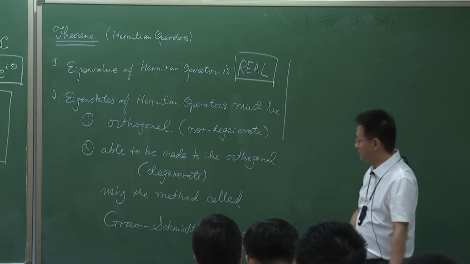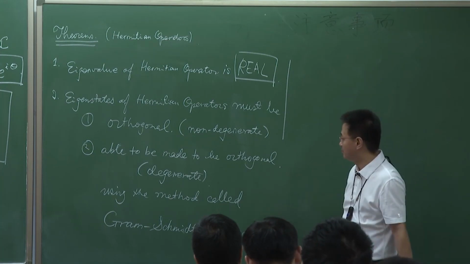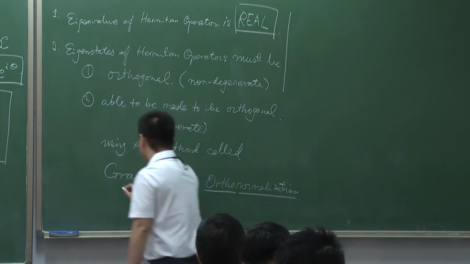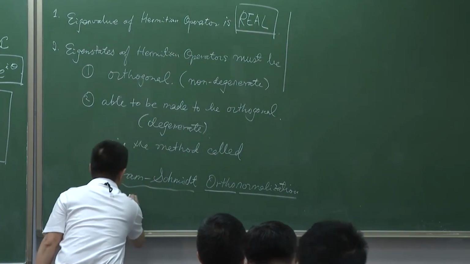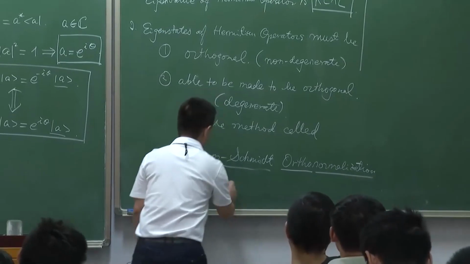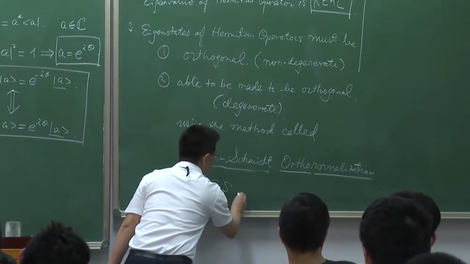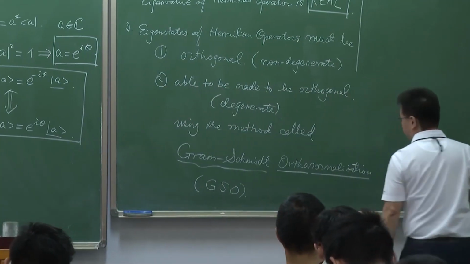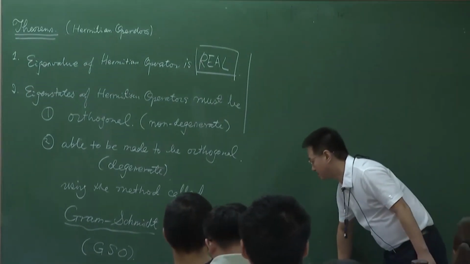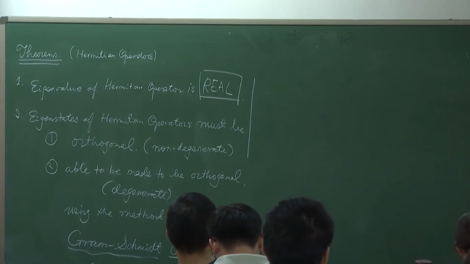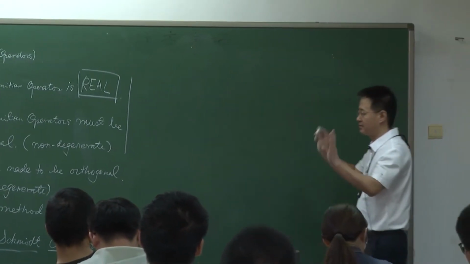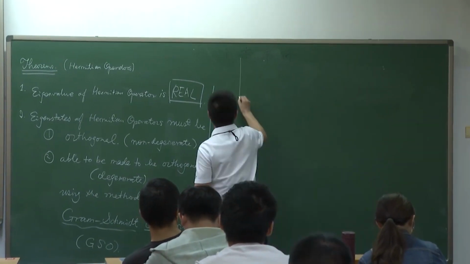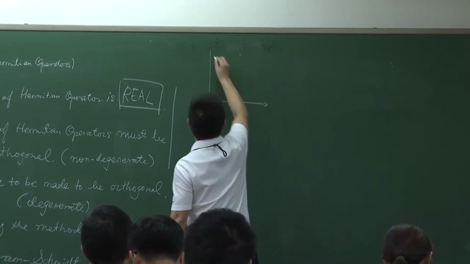And I would like to spend some time to discuss the Gram-Schmidt orthonormalization method. It is abbreviated as GSO. If I draw a picture for you, you can understand that the idea of GSO is very simple. It is something like this.